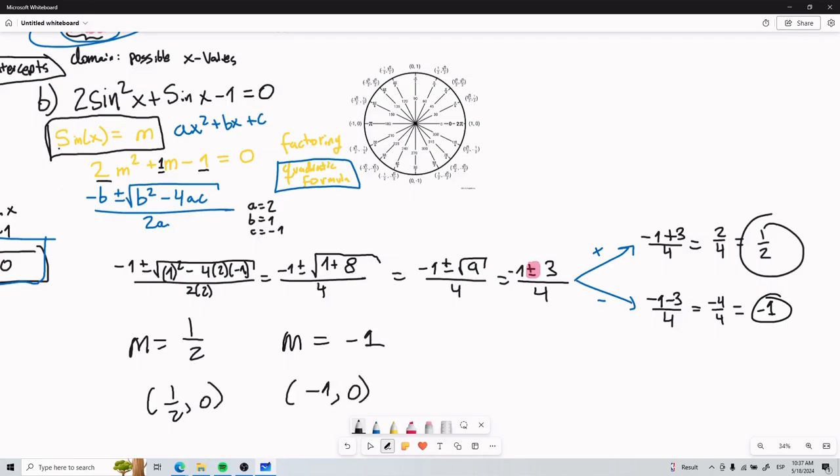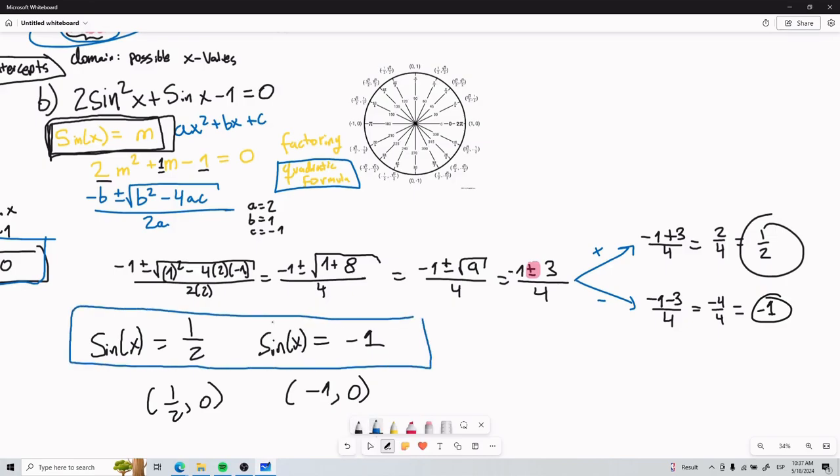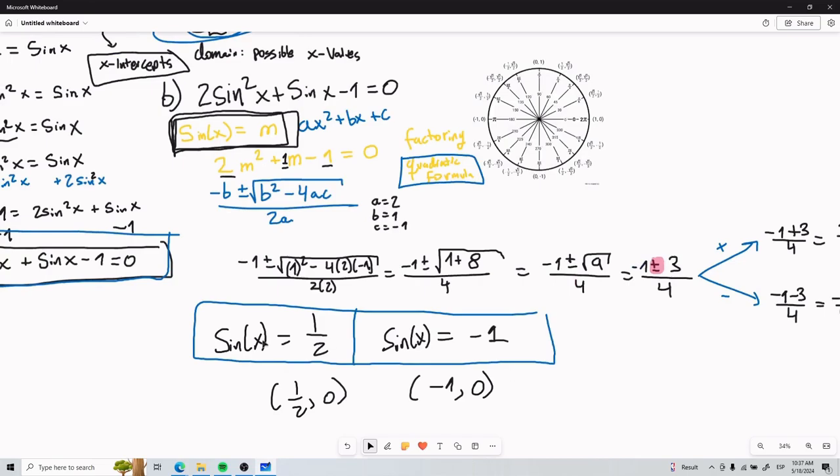Now, because I replaced for sine, you gotta replace back. And you have to do this for getting full credit. Here, one of your solutions is at sine x equals 1/2, and your other solution is at sine x equals -1, okay? So here, I just found my x-intercepts for what I'm looking for, right?